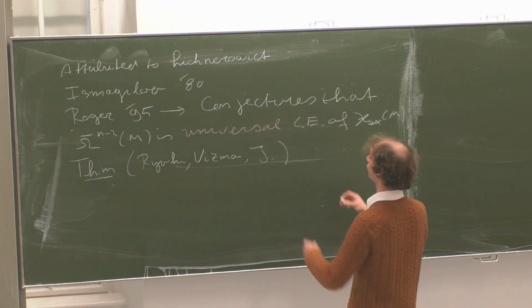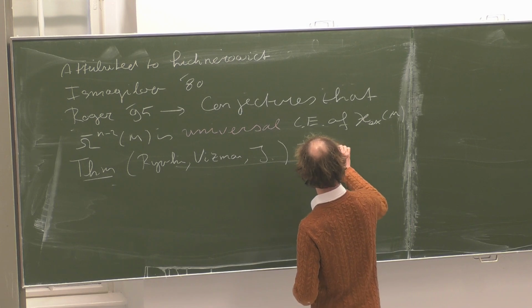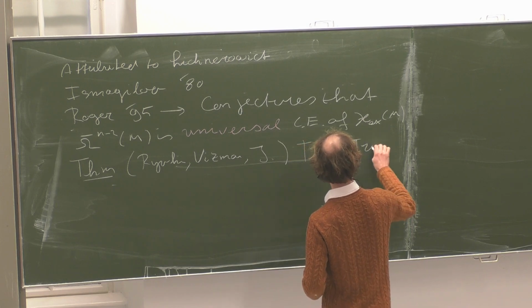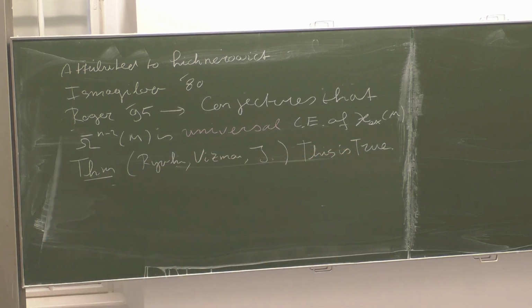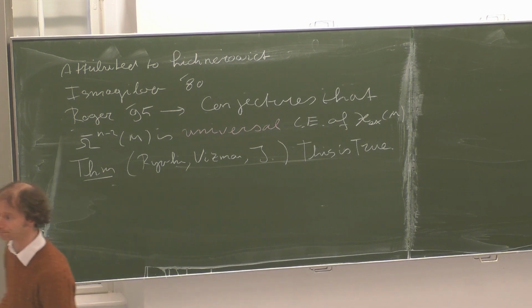Short version of the theorem: this is true. Slightly longer version is that if you consider this as an exact sequence of Fréchet Lie algebras, then it's universal for central extensions of this Fréchet Lie algebra by complete locally convex Lie algebras.